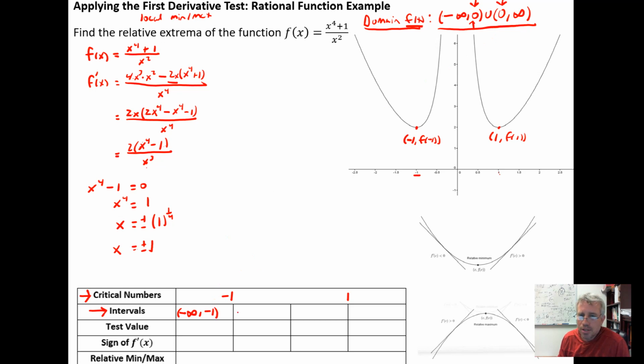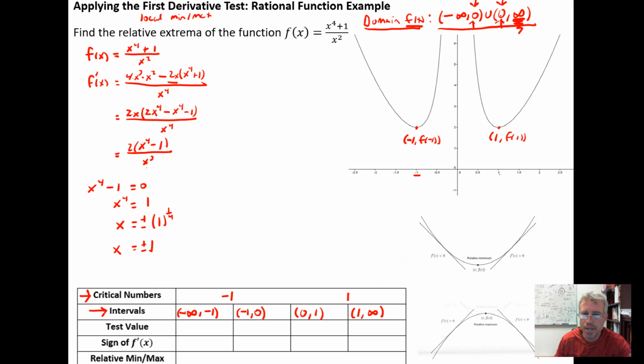My second test interval will pick up at -1, but will run to 0 because the domain of my function ends at 0 and then picks up again at 0. So from 0 here, now running to the critical number of 1, and then from the critical number of 1 running out to infinity, which is part of the domain of my function. So there are my 4 test intervals.